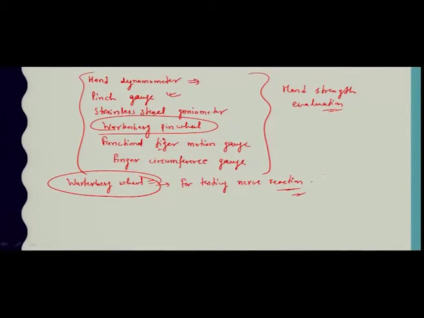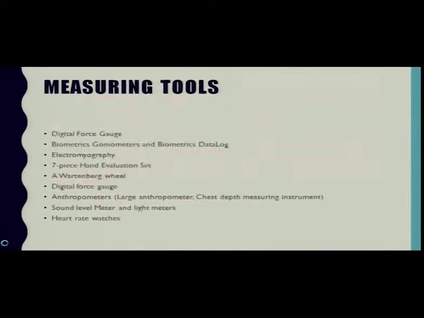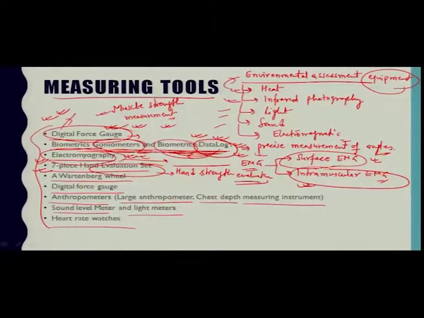So this was all about the possible measuring tools, and obviously anthropometers are tools for the study of the human body and its movement and other measuring dimensions.